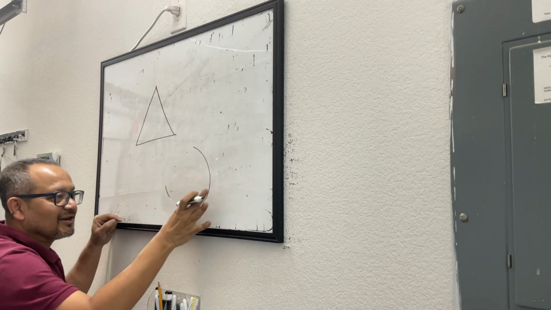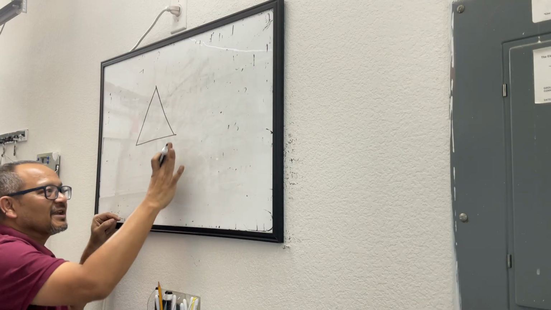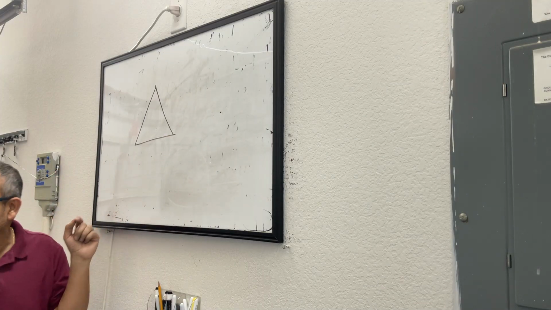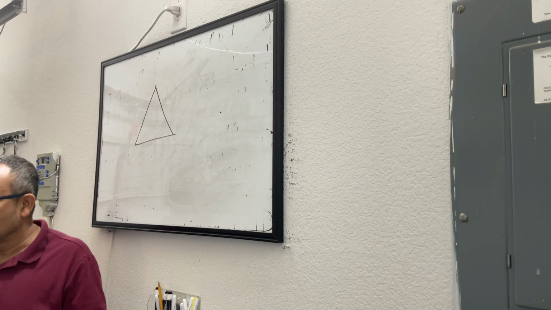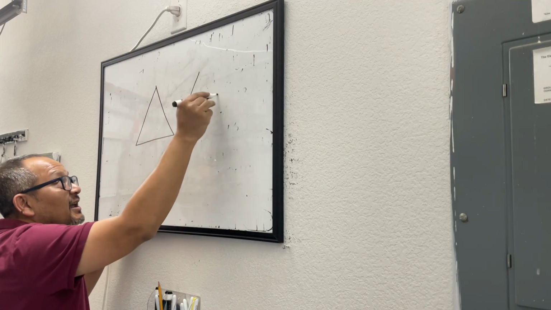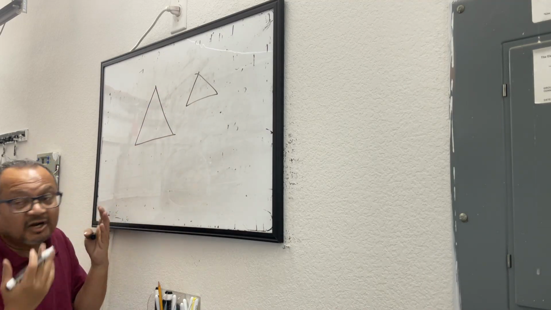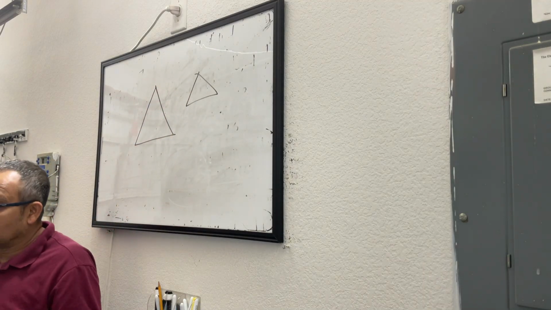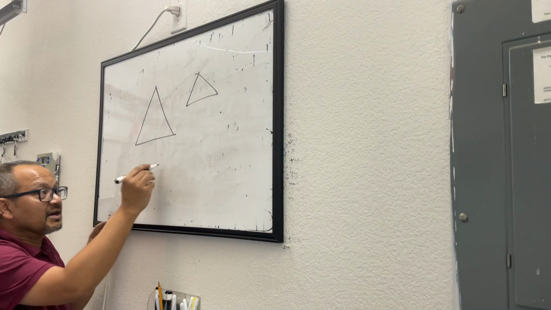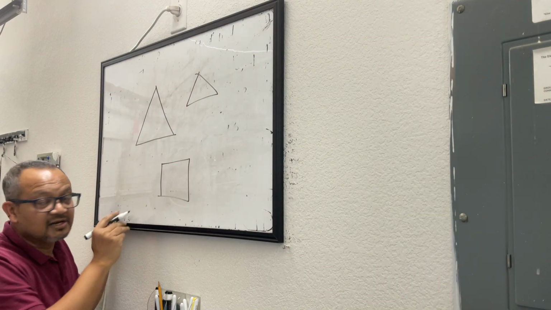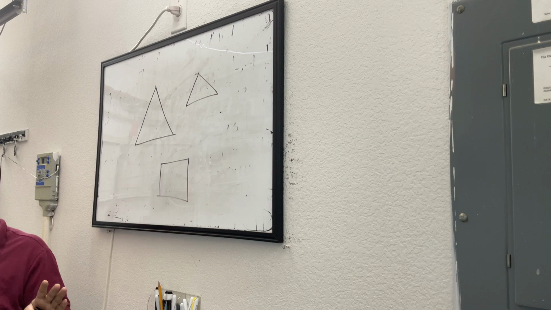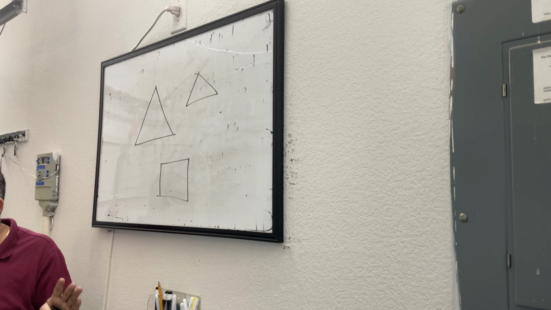So shapes can be similar if they belong to the same family. I can have one triangle and this triangle similar, or they may not be similar, but we still have a chance. I cannot have a triangle and a quadrilateral being similar. Out of the question. Yeah?